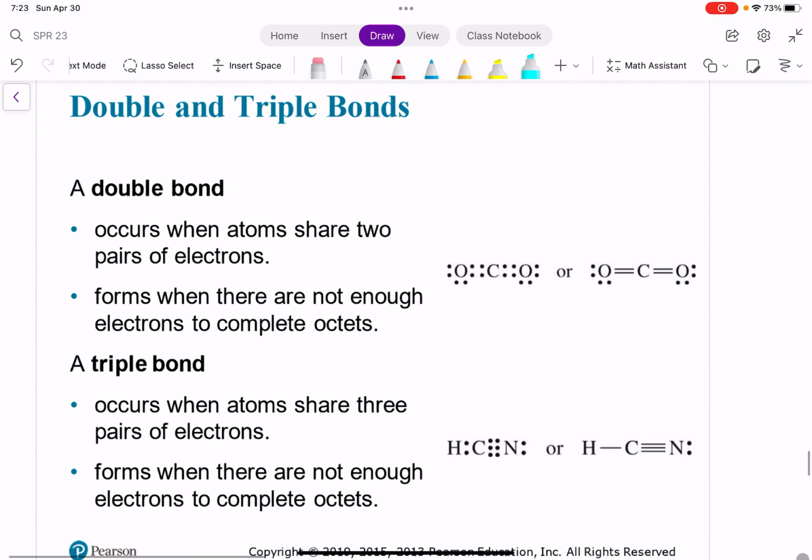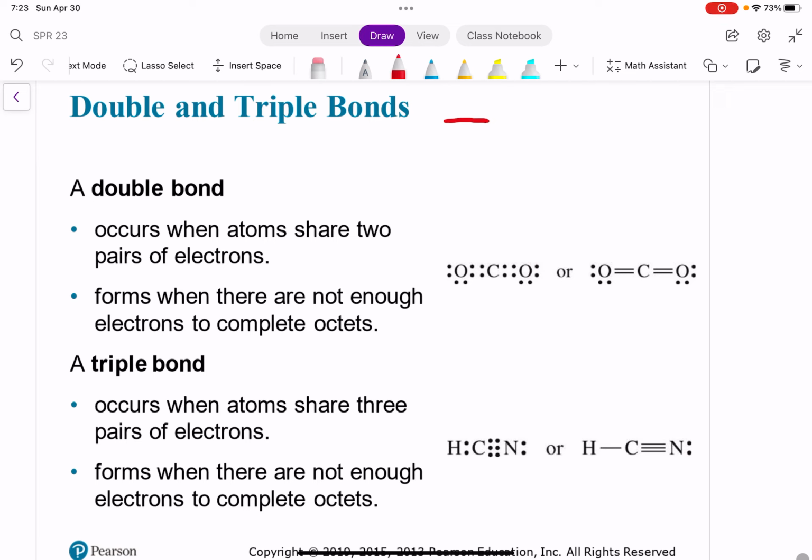So far I've shown you only Lewis structures that have single bonds. What's a single bond? A single bond is when you only have one line, and that depicts 2 electrons. A double bond occurs when atoms are sharing 2 pairs of electrons.